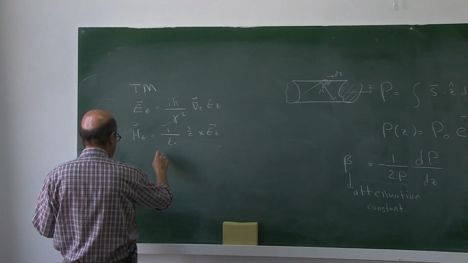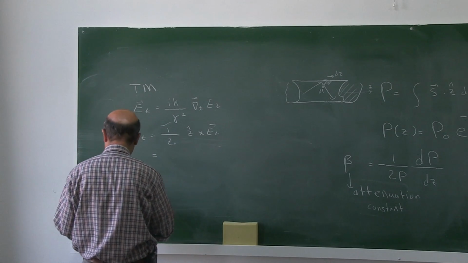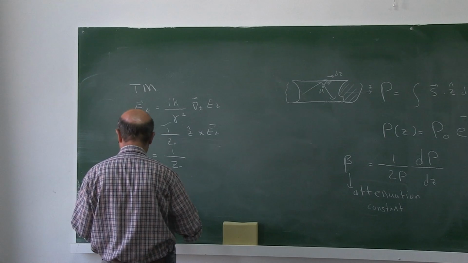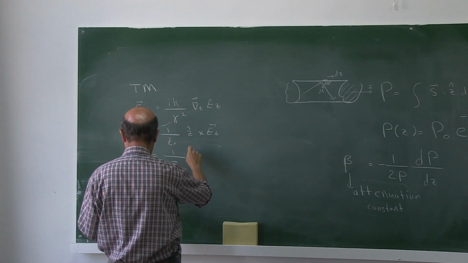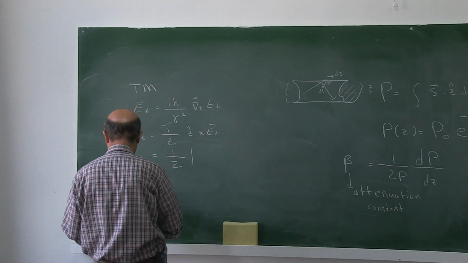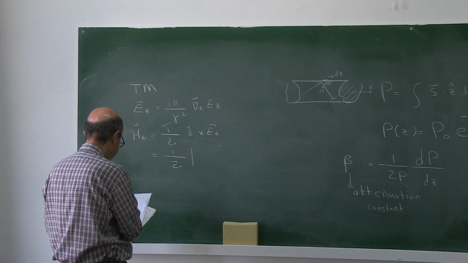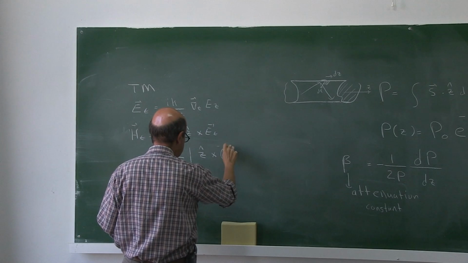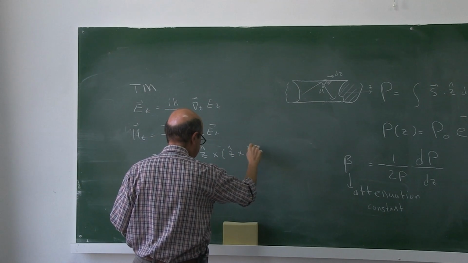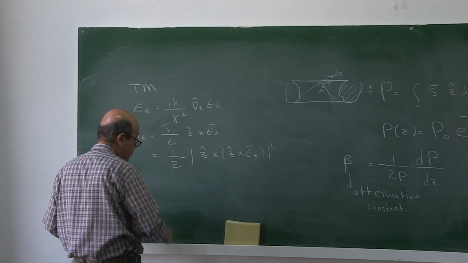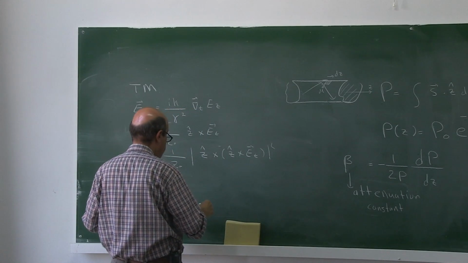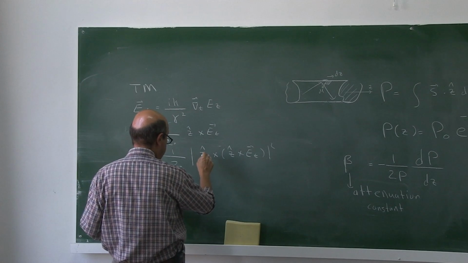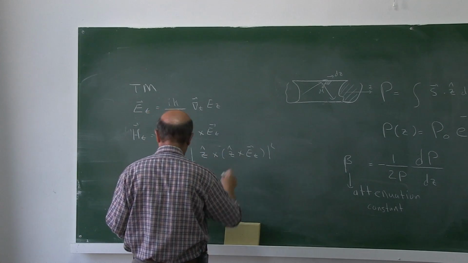If you want to calculate this, you will get the following: 1 over Z0, the cross product Z cross E transverse square, and you know the double cross product rule, so that is Z dot E transverse, which is equal to 0, minus Z dot Z along E transverse.